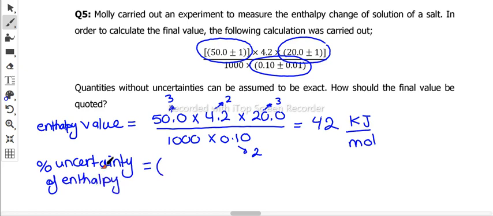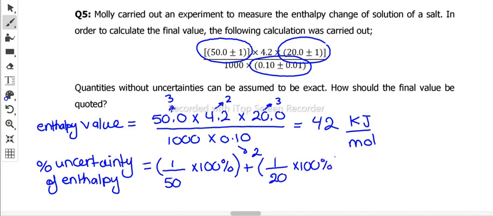So it will be 1 divided over 50 multiplied times 100%. The second is 1 divided over 20 times 100%, plus the last number, which is 0.01 divided over 0.1 multiplied times 100%.